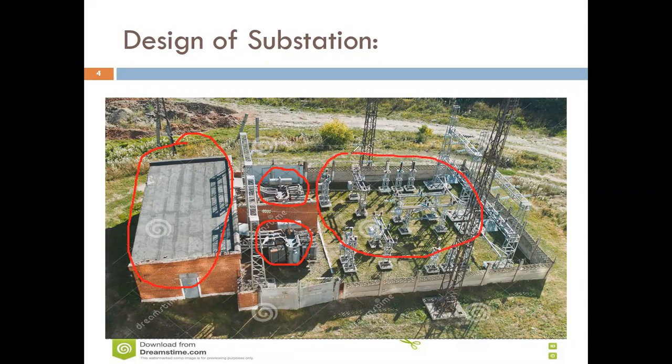In this switch yard, different types of required equipment like circuit breaker, isolator, bus bar, wave trap, CT, PT, and different equipment are used in the substation. So this is a 66 kV substation picture.